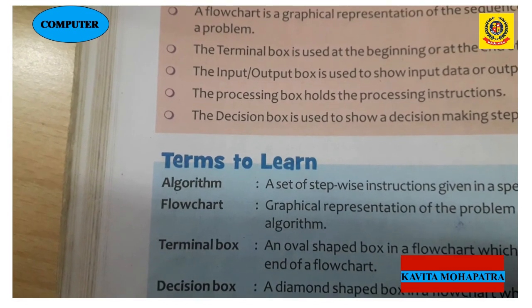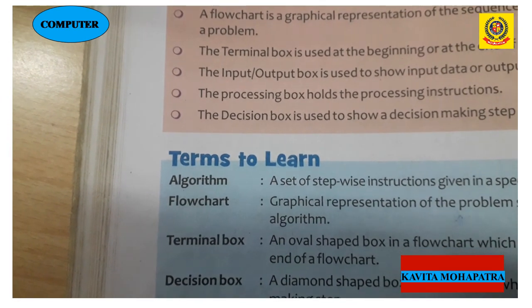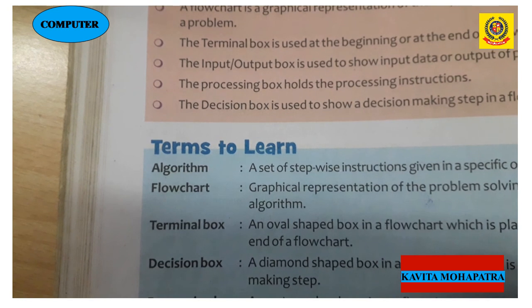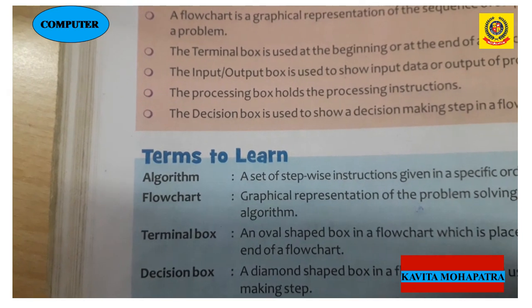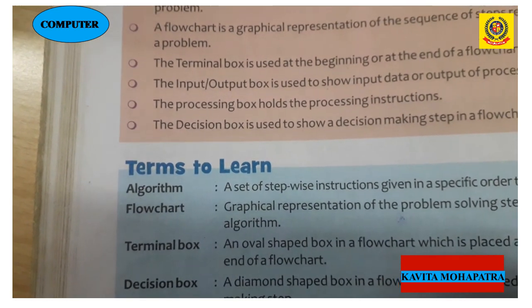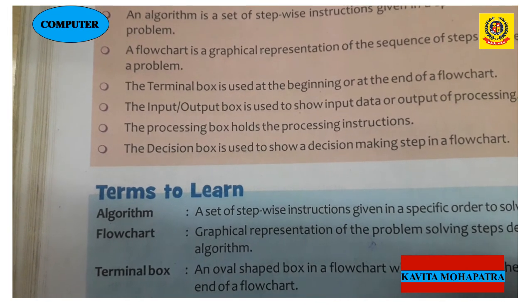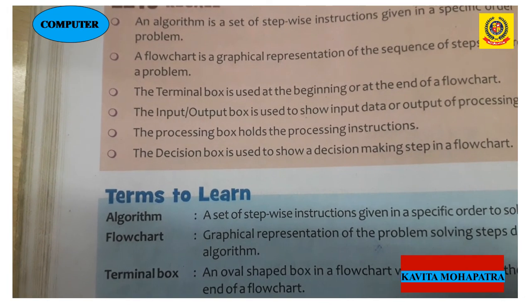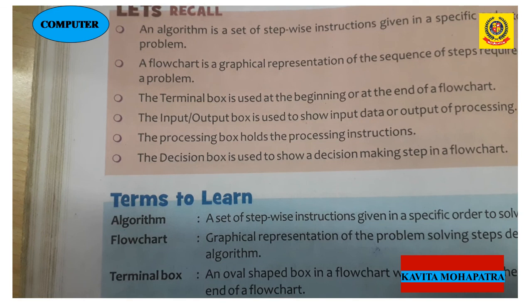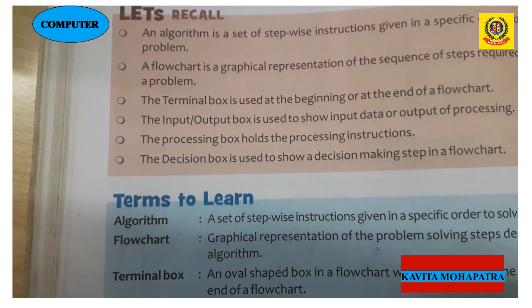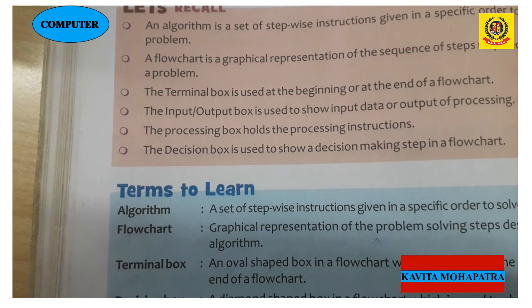The terminal box is used at the beginning or at the end of the flowchart. The input-output box is used to show the input or output data of processing. The processing box holds the processing instruction. Next, the decision box is used to show decision-making steps in a flowchart.